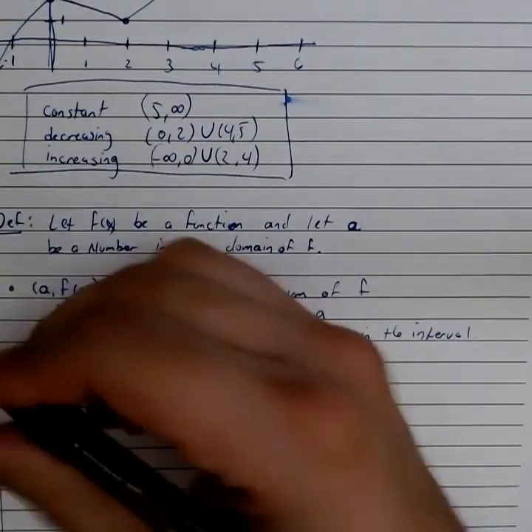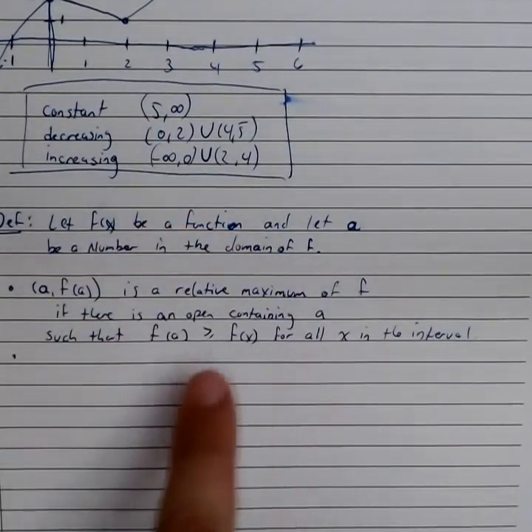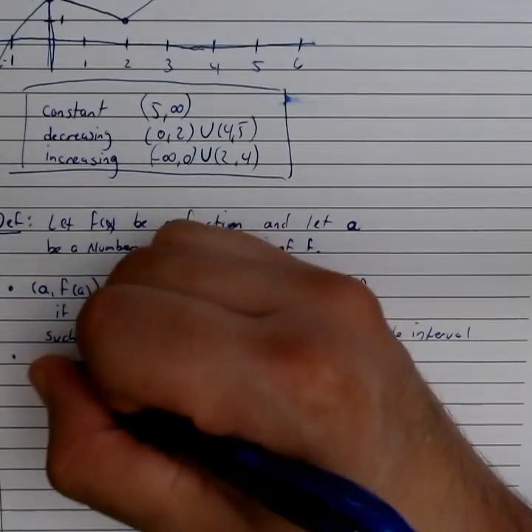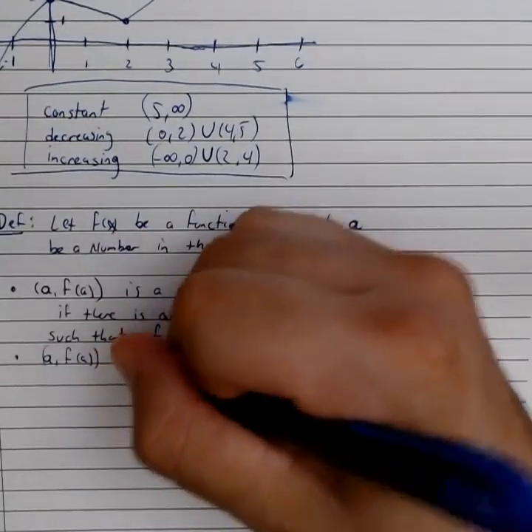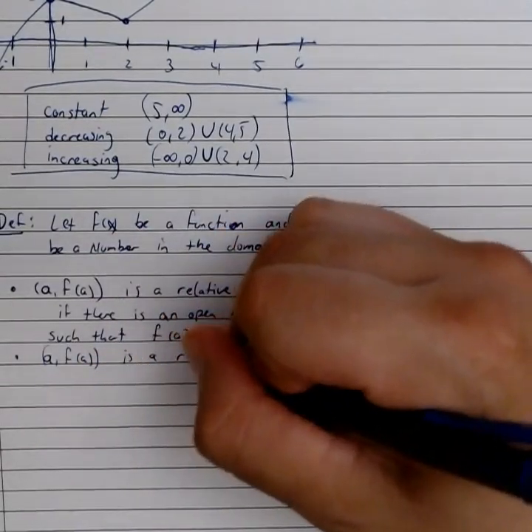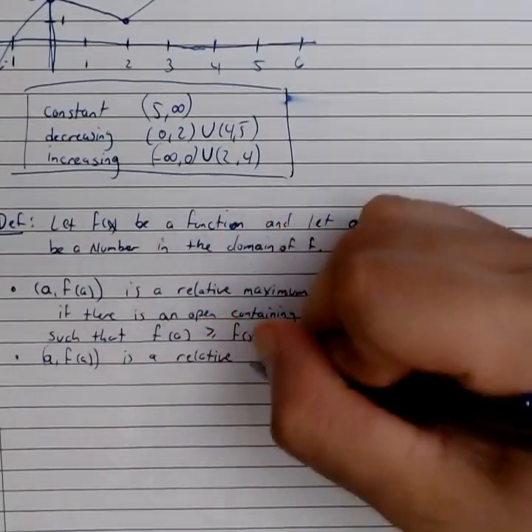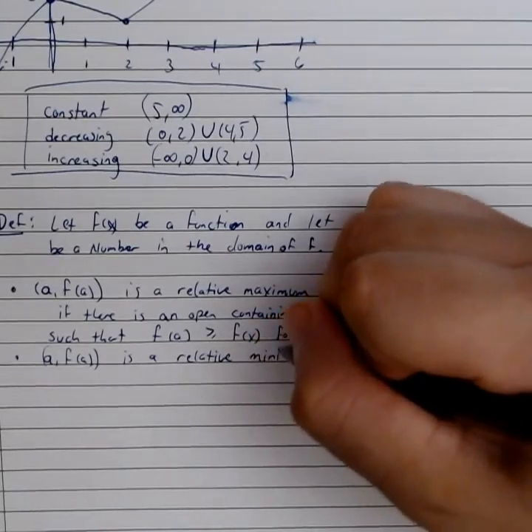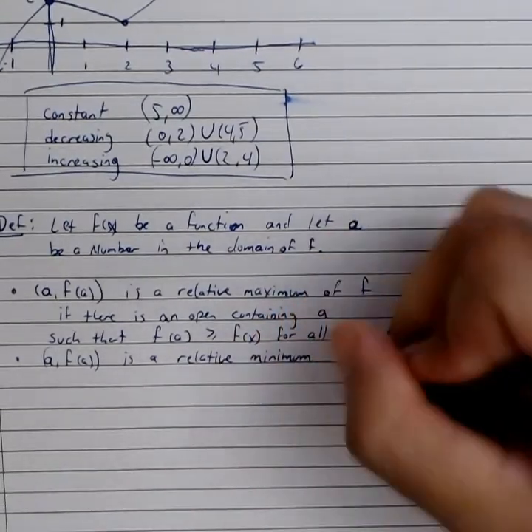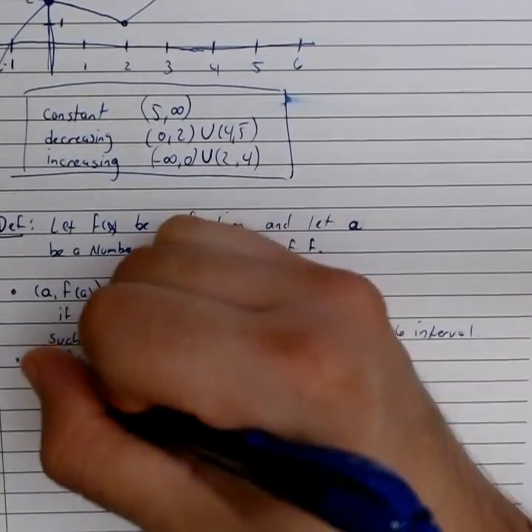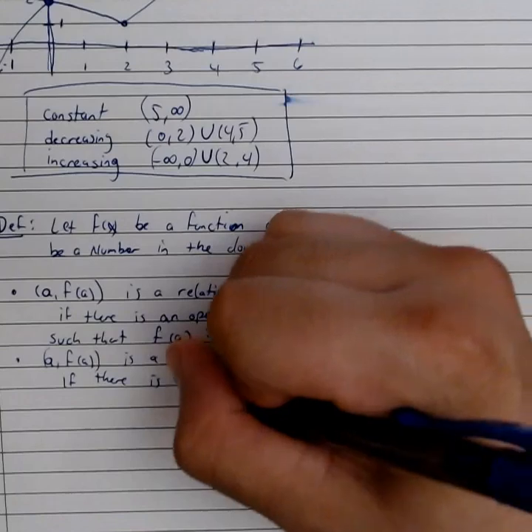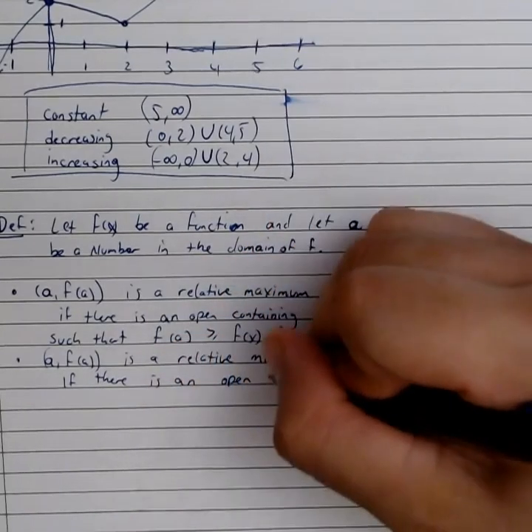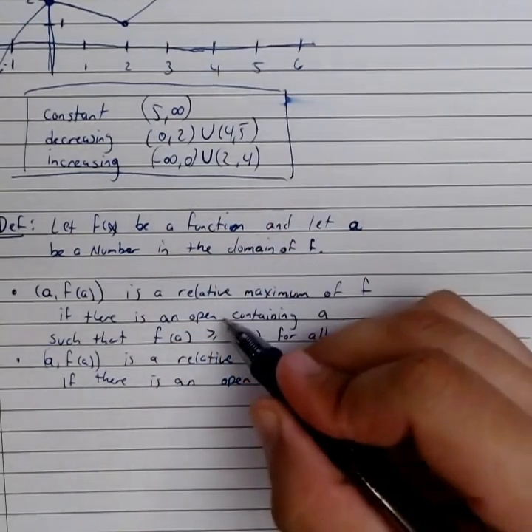Okay. And then I'll explain this in just a moment, but first let's go ahead and give the other part of the definition. A comma f at A is said to be a relative minimum of f if there is an open interval. Oops, I never put the word interval here, did I?